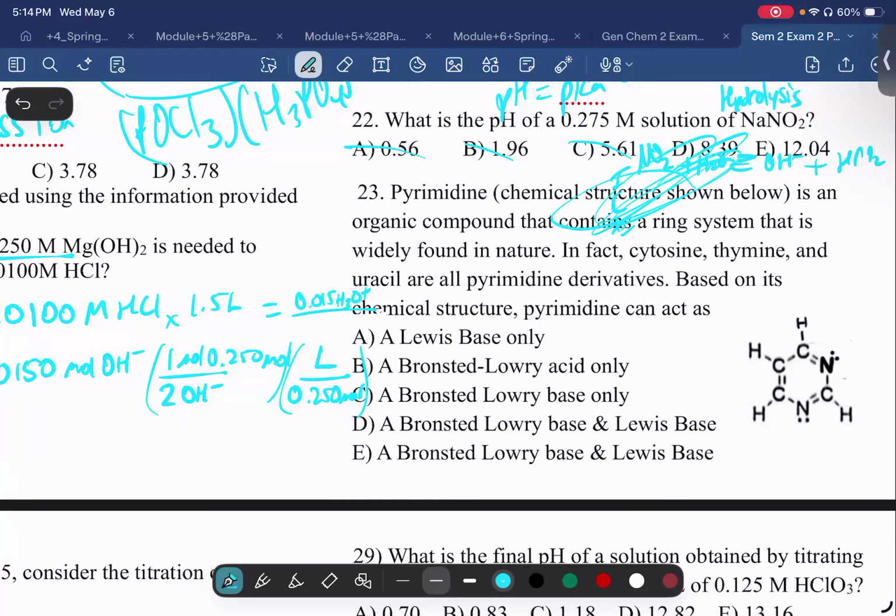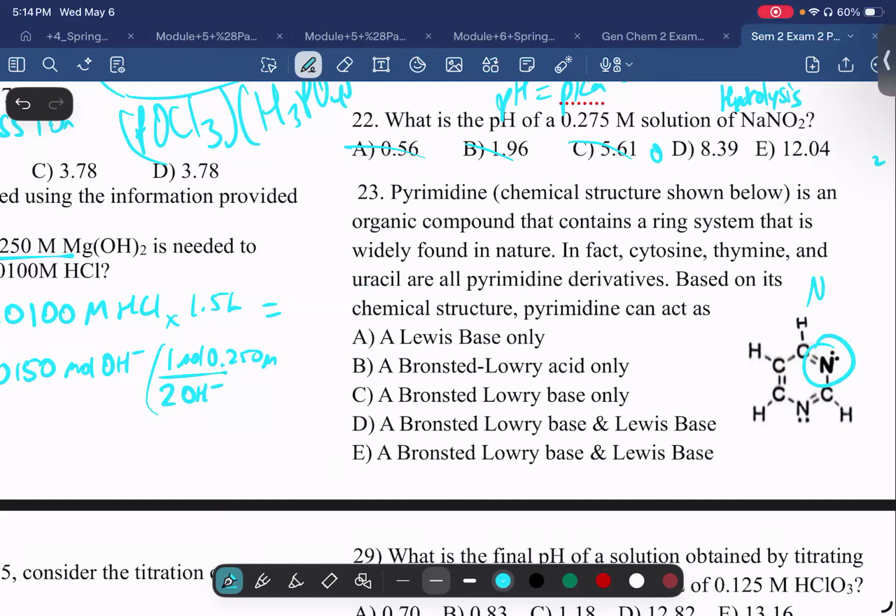Pyridine, right? It's a thing here, and it's asking you to identify what kind of acid and base it is, right? And so when you have these nitrogens, it's very similar to ammonia, right? So it can act like a Brønsted-Lowry base and a Lewis base because it's able to accept a hydrogen and it's able to donate its lone pair and create a bond with H plus.